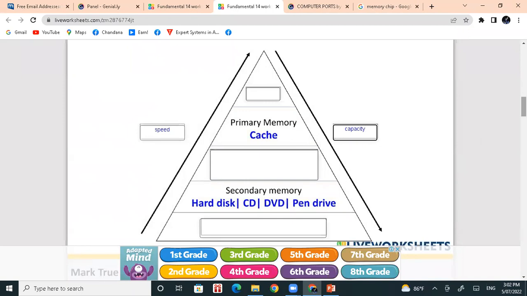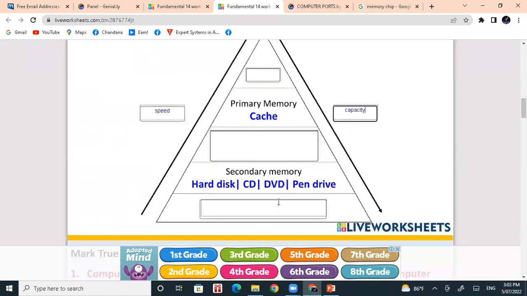Right. Then in the triangle hierarchy, what is the lowest memory here? Magnetic tape. Then the second layer is for secondary memories like hard disk, CD, DVD. Then the third one, which memory?